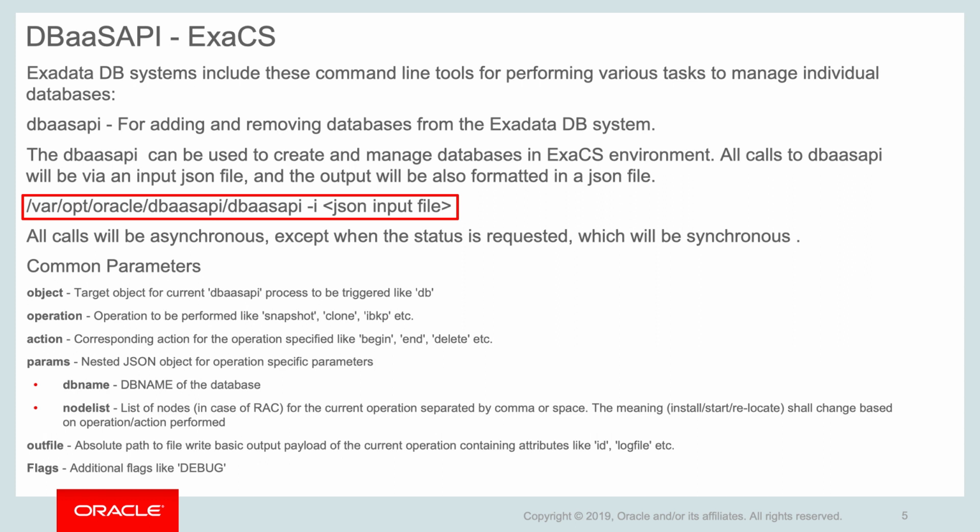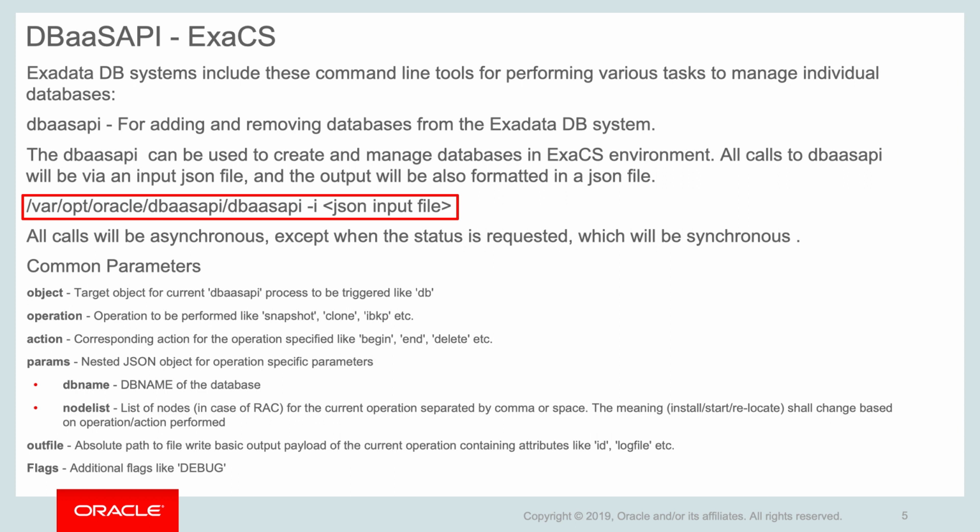The syntax looks like you will be executing it from /var/opt/oracle, where you have a folder called dbaasapi and the binaries would be there. With that, you pass a JSON input file. All calls are asynchronous, except when a status is requested, which is a synchronous operation.